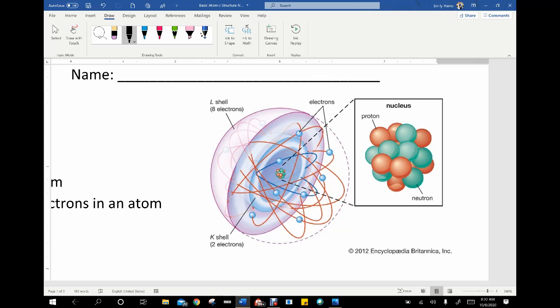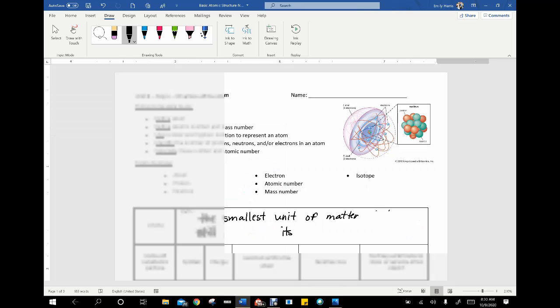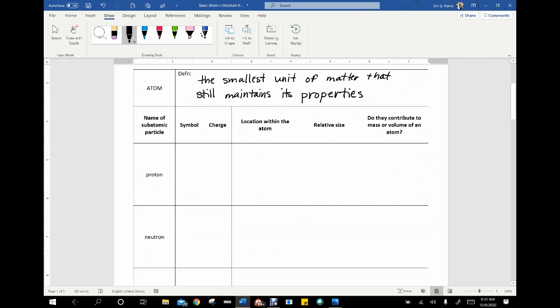The electrons, on the other hand, are very small, and they're located more on the outside of the atom in what's called the electron cloud. We'll learn later that the electron cloud really consists of what are called orbitals. For now, think of the protons and neutrons as packed in the middle in the nucleus, and the electrons on the outside in the electron cloud.